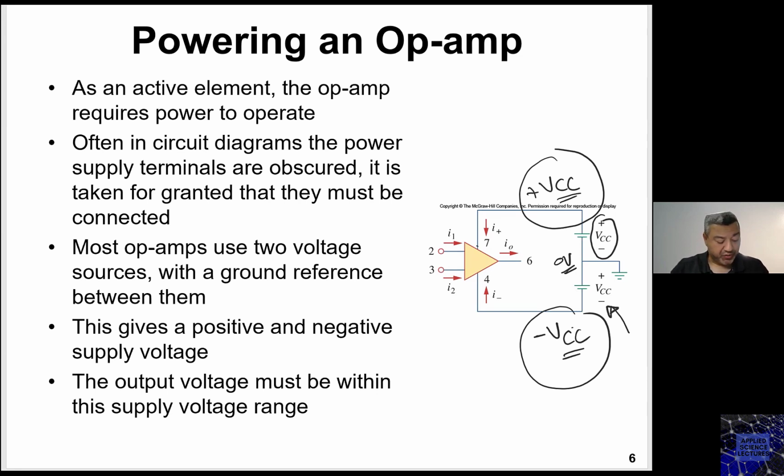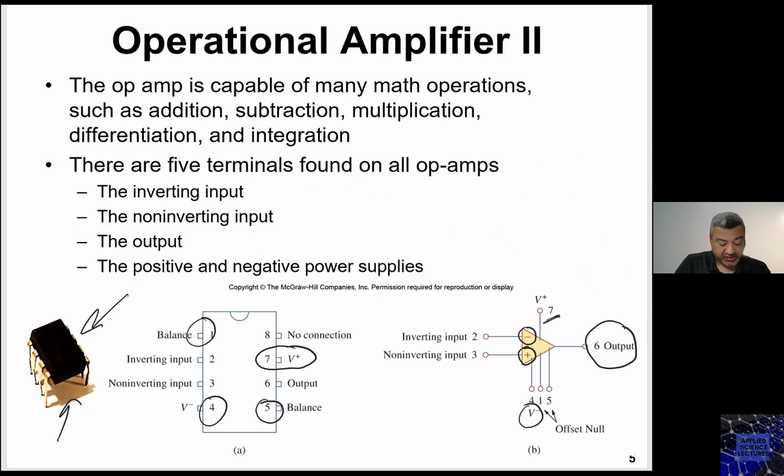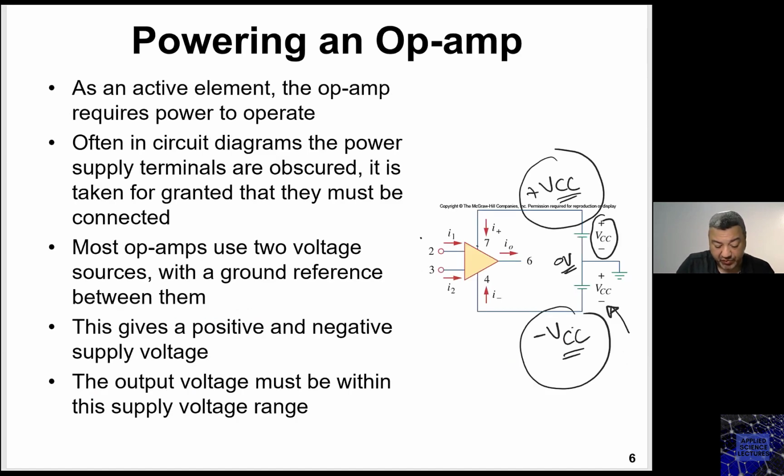Based on this, number 2 is the inverting, number 3 is the non-inverting. So number 2, the inverting, would be the minus. Number 3, the non-inverting, would be the positive. So you can, if you want, call this one V1 or call this one V2.